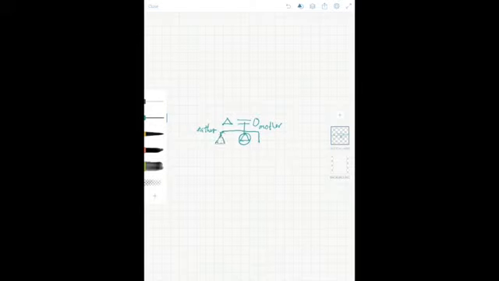Male is brother, female is sister. And we've misdrawn that a little bit, so we can erase the mess. So sister, brother.